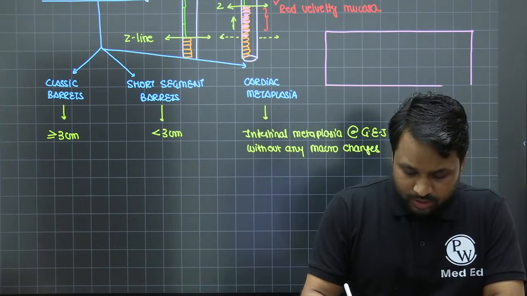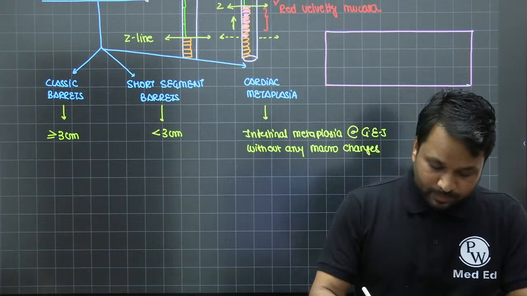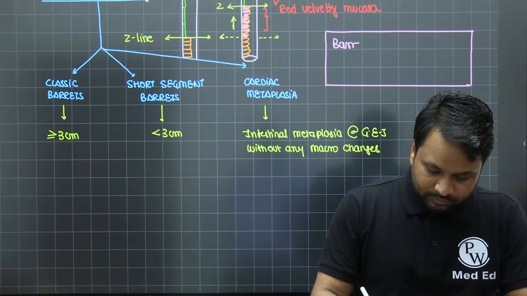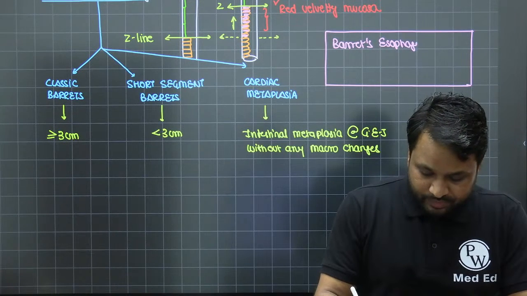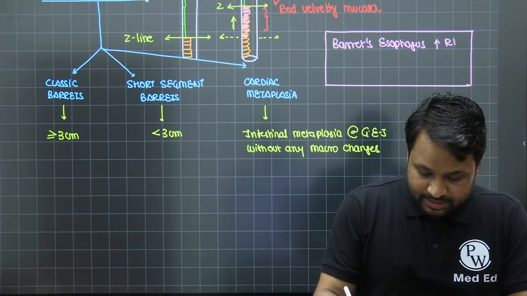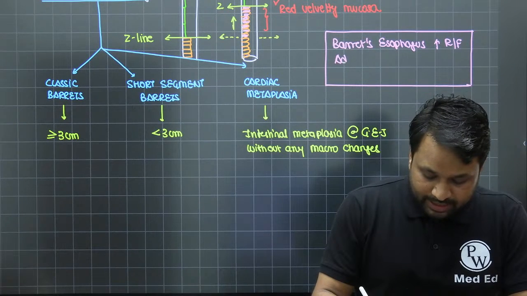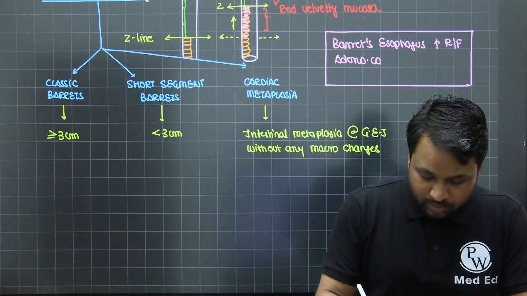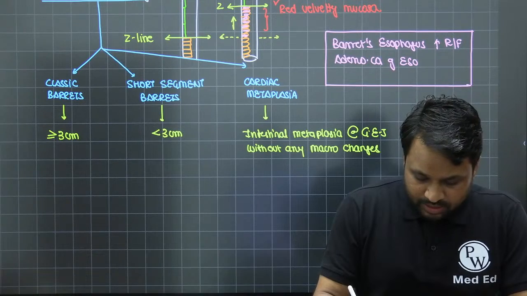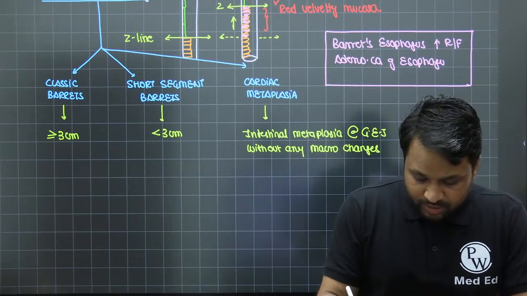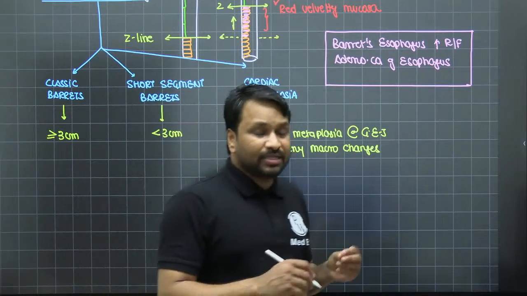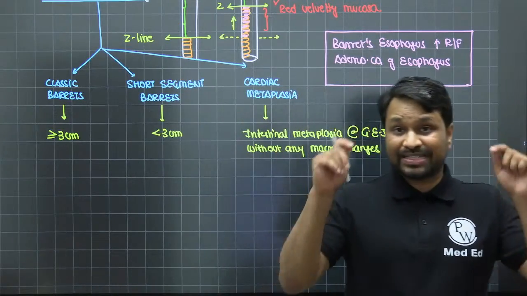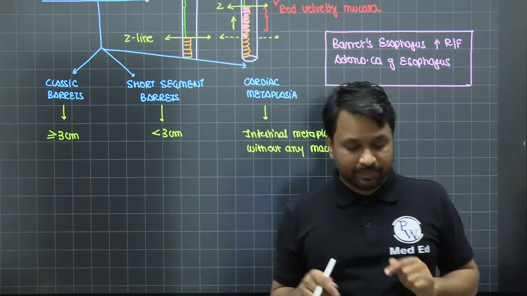I know that Barrett's esophagus increases the risk for adenocarcinoma of the esophagus, right? As it increases the risk for adenocarcinoma of the esophagus, I'm aware that this can happen, I need to be careful.